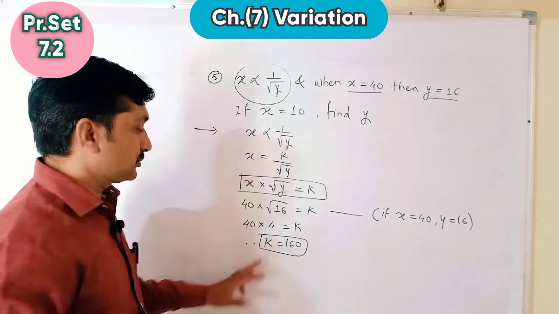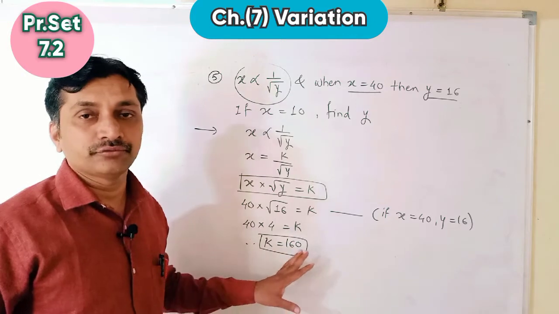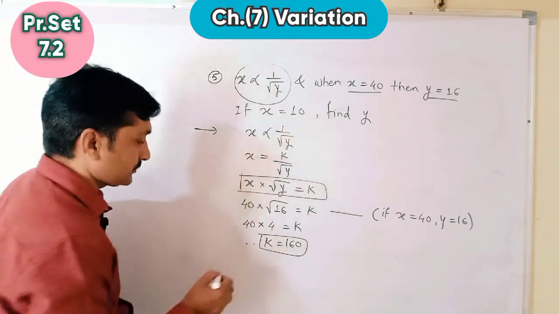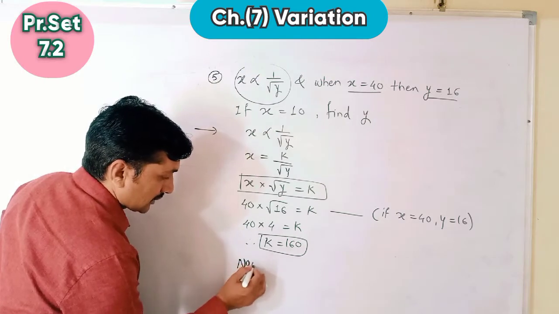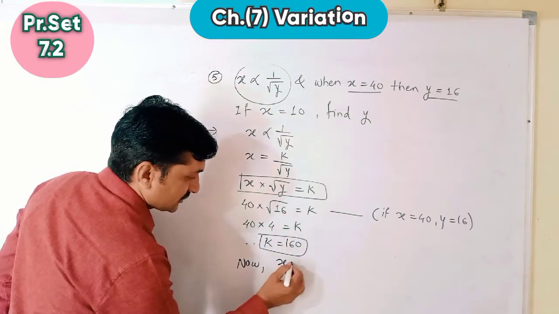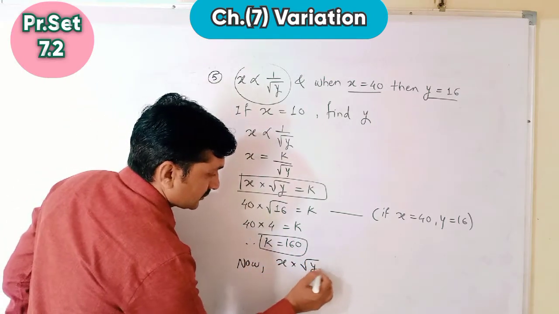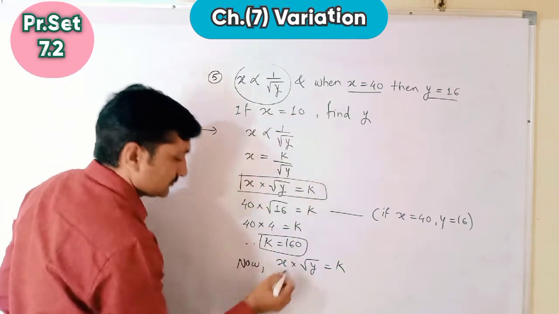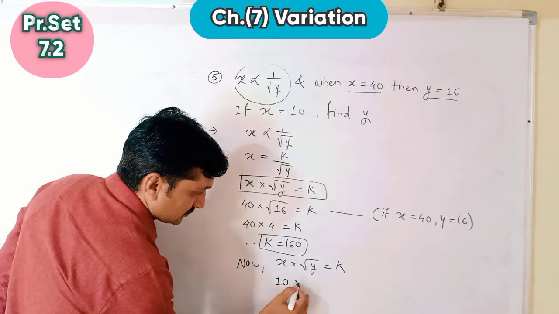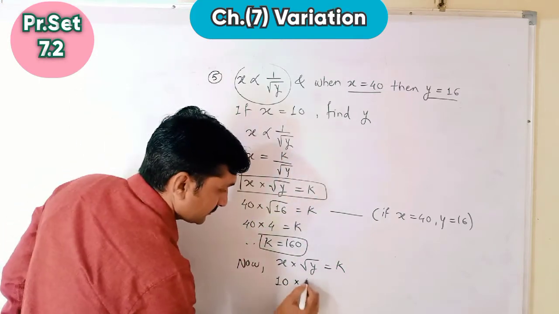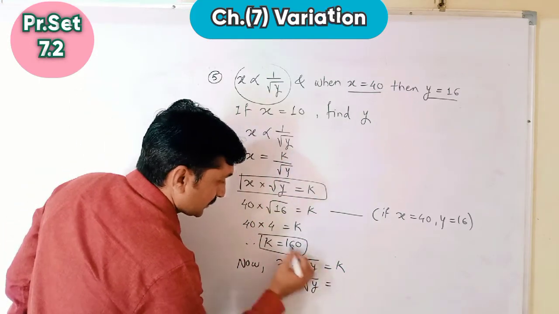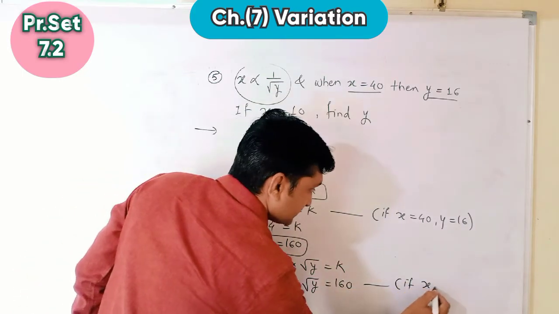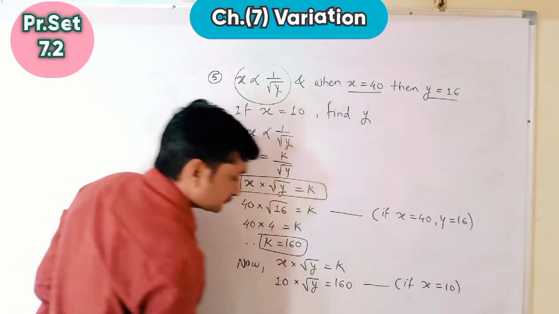This is the constant of variation we got, but we want the y value if x is equal to 10. Now I write again the equation x multiplied by root y is equal to k. Now the value of x is 10, multiplied by root y, which we have to find, is equal to k, which is 160. Here in bracket again, if x is equal to 10.